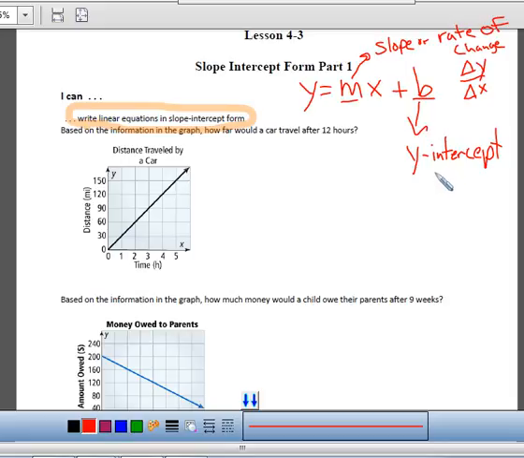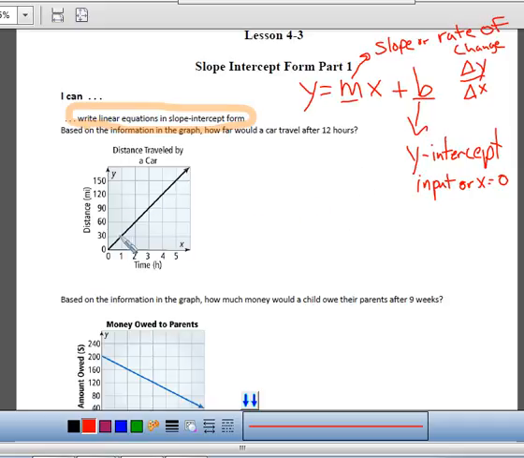For those of you that aren't familiar with football or don't care about football, here's what you need to know. The y-intercept is when the input, or x, equals 0.